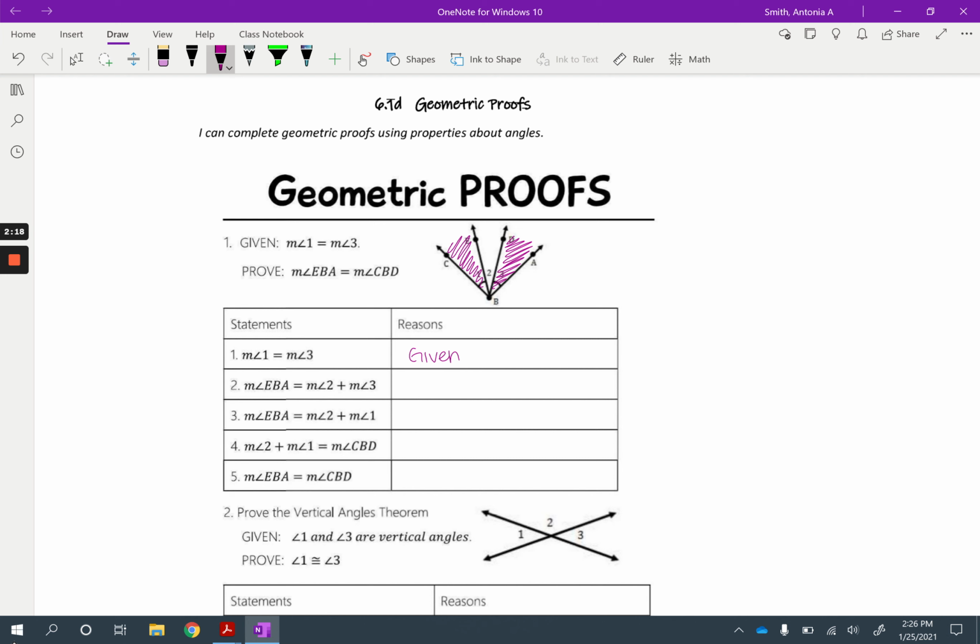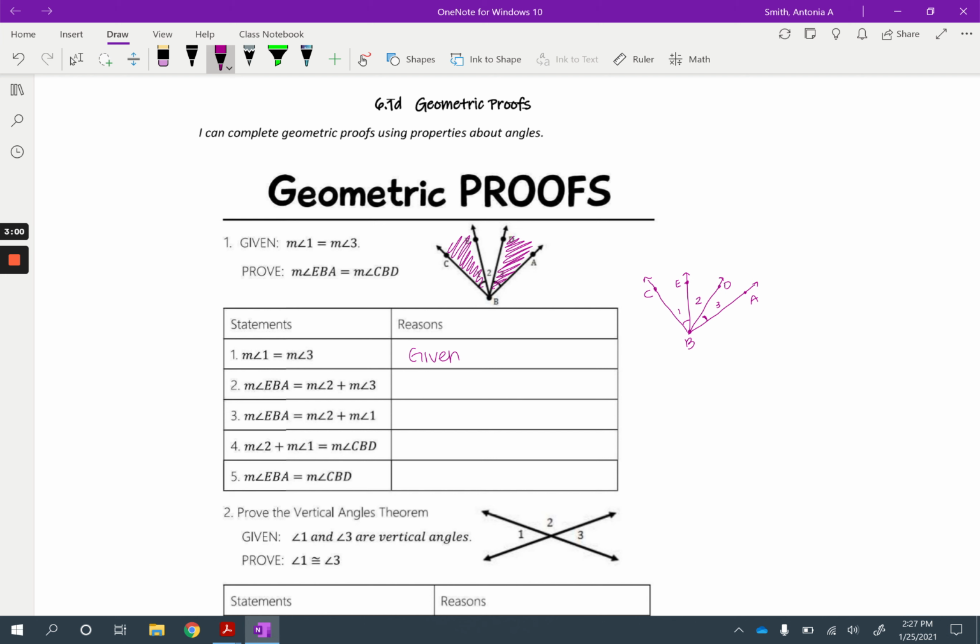Onto the side here we have a big angle like this, angle A, B, C. And then this angle is split into 3 angles on the inside. Here's angle 1, angle 2, angle 3, and angles 1 and 3 are the same, which is what those little arcs mean. Okay. We have some other letters here, E and D.